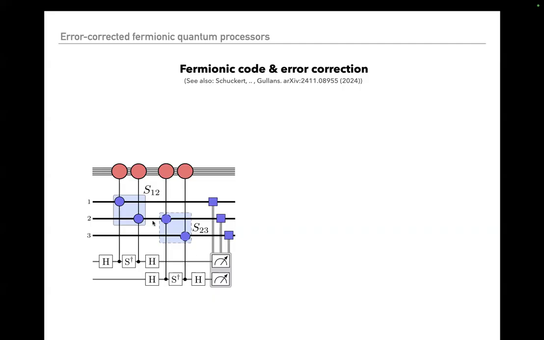And then you can do the same thing for the second stabilizer, and you can measure the 2 ancillas over here. So again, on a hardware level, you do this by bringing in the reference construction and interchange the particles, so between reference and system.